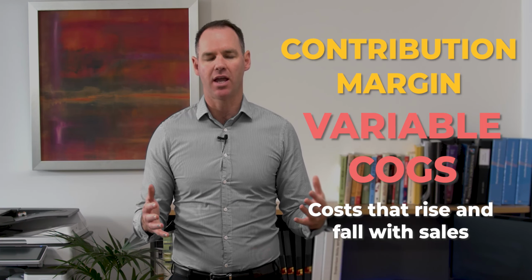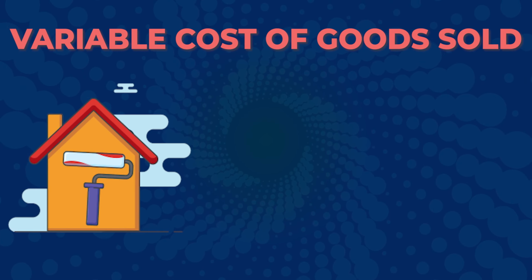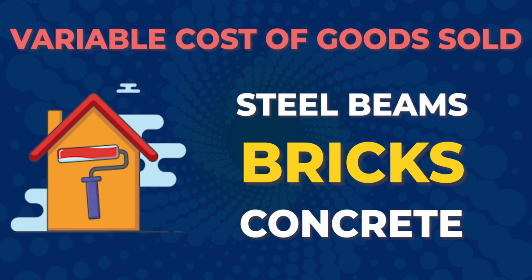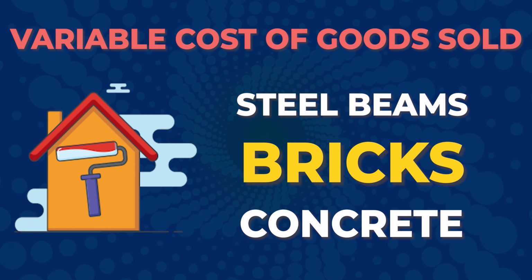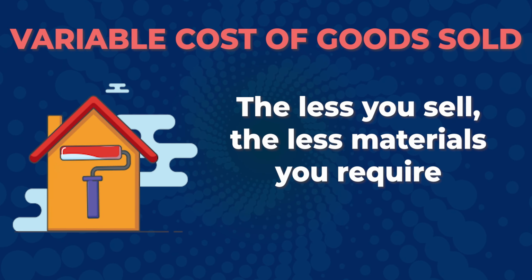Let's look at a couple of examples. A variable cost of goods sold for a housing or a construction business would be things like steel beams, bricks, the concrete which goes into manufacturing a house. They will all, the more you sell, increase, or the less you sell, decrease.